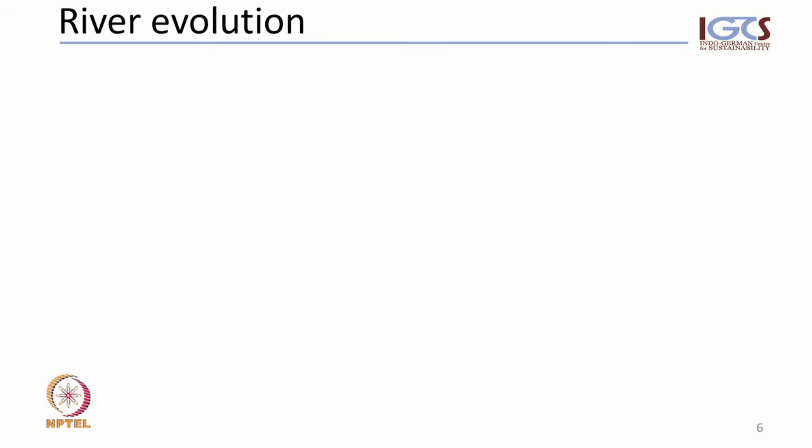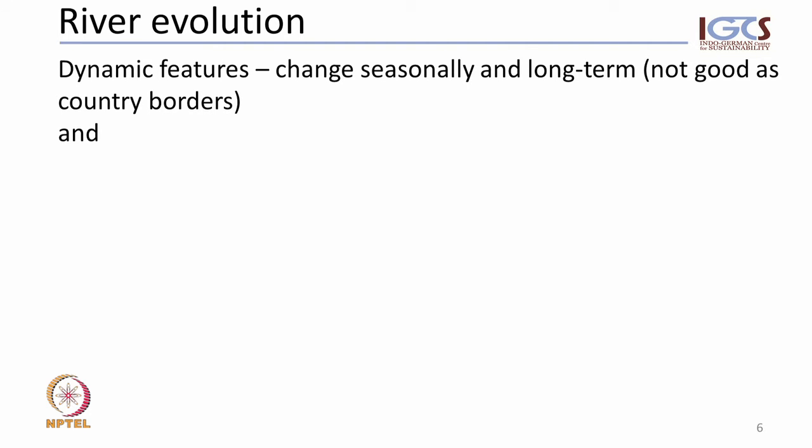I don't want to go into all of the details on rivers because most of this you have heard in grade 6 in school already. So let's just look into some of the aspects which are relevant to water management and especially to the sustainability aspect. Let's start with river evolution. We have to acknowledge that rivers are very dynamic features.